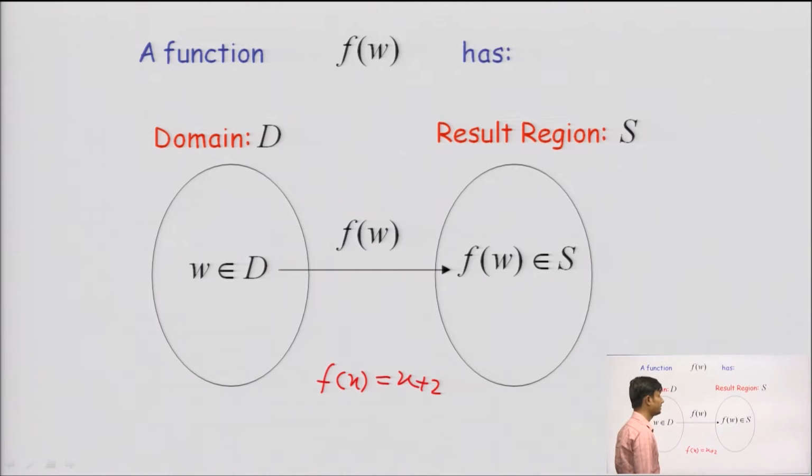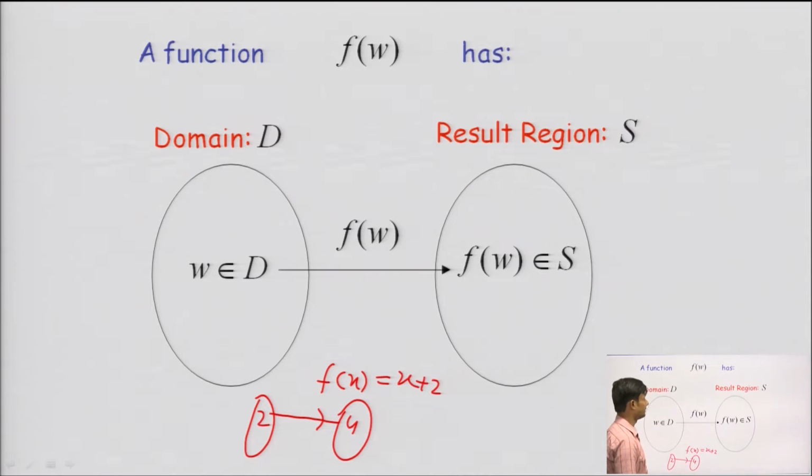If we take some x value, suppose x is 2, then the result will be 4. This is the result region. So this is a function that gives some value.